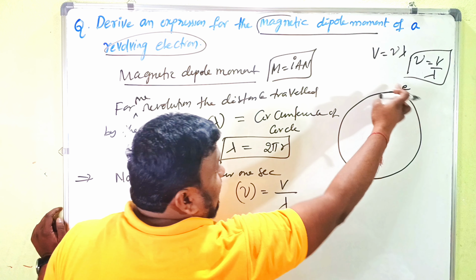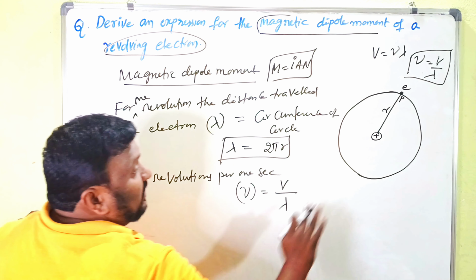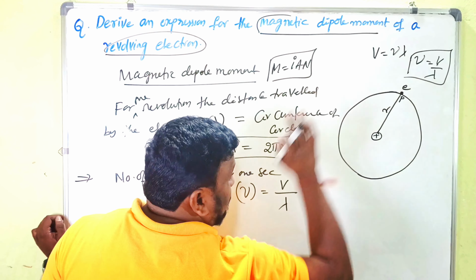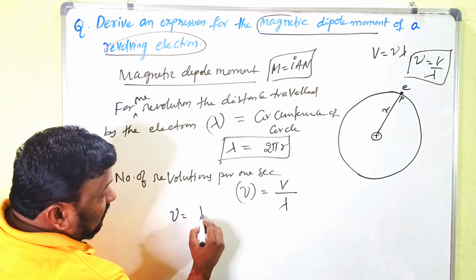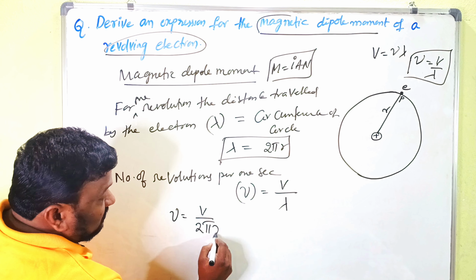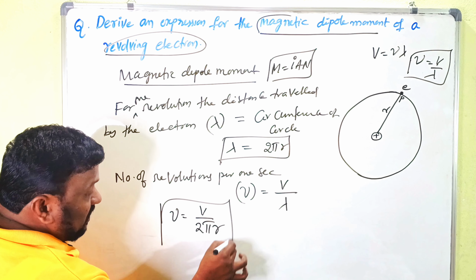V is the velocity of the electron and lambda is its wavelength or distance covered. Clear? That's why nu is equal to V by 2 pi r. This is the expression for frequency.